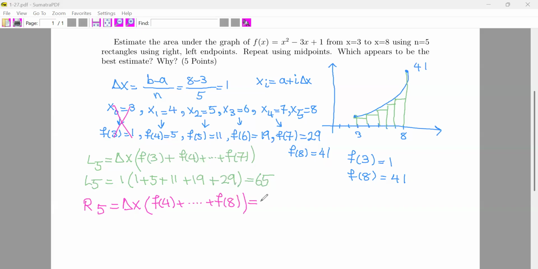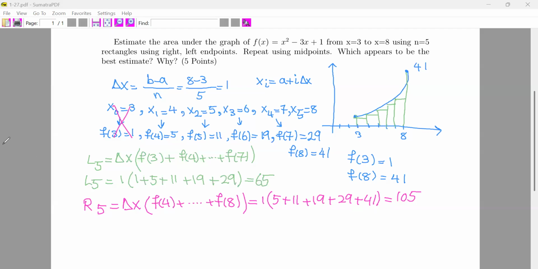We know that delta x is 1, multiplied by the values of x sub i's, starting at 4, ending at 8. That would be 5 plus 11 plus 19 plus 29 plus 41, which will be 105 as the right approximation.